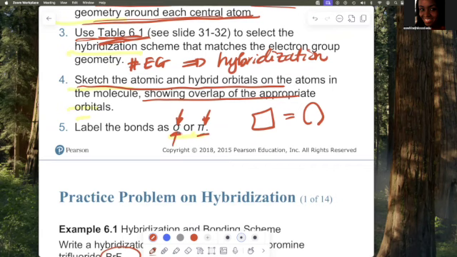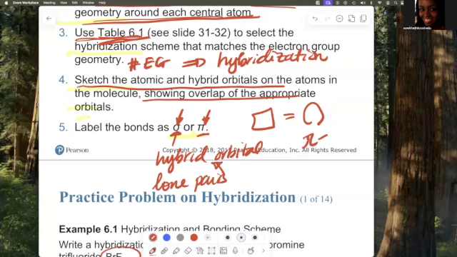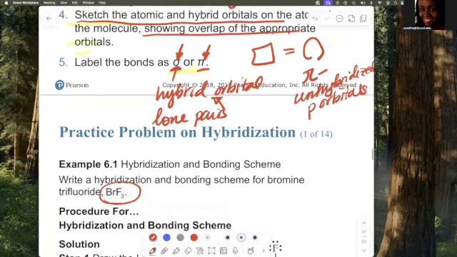Remember, sigma comes from the hybrid orbitals, and also lone pairs are in hybrid orbitals. And for pi bonds, we use unhybridized p orbitals, the ones that did not get used in the hybridization.